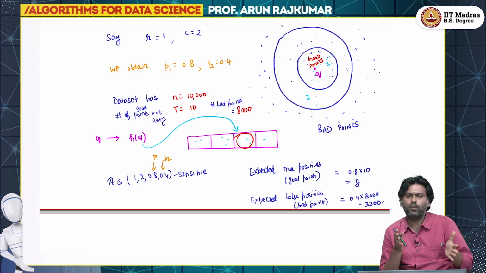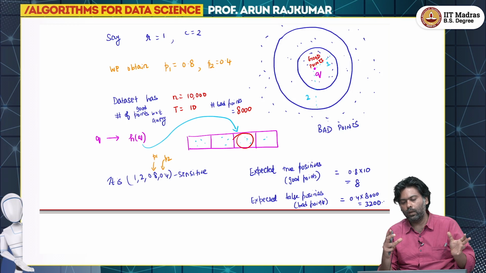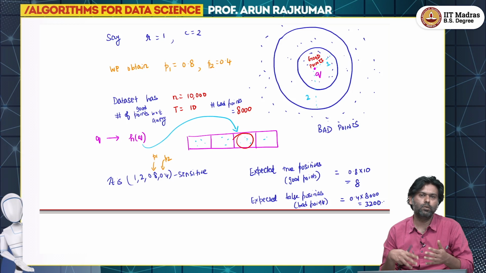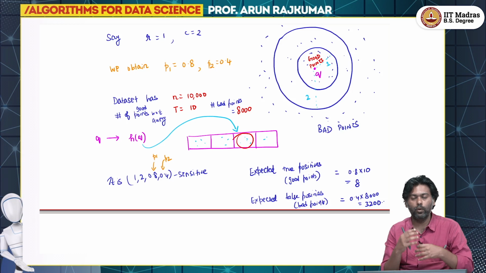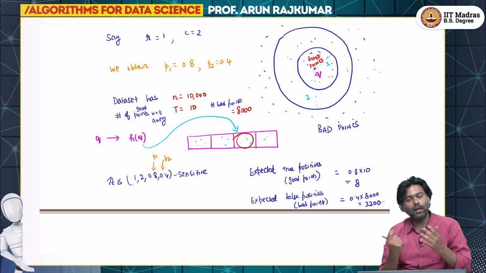I wanted to query only 10 points, which are the good points. In an ideal world, I would have queried only 10 points. But now, even though I have a hash function which is 0.8, 0.4 sensitive, I still will end up computing distances for 3,208 points. And that's a bad thing.